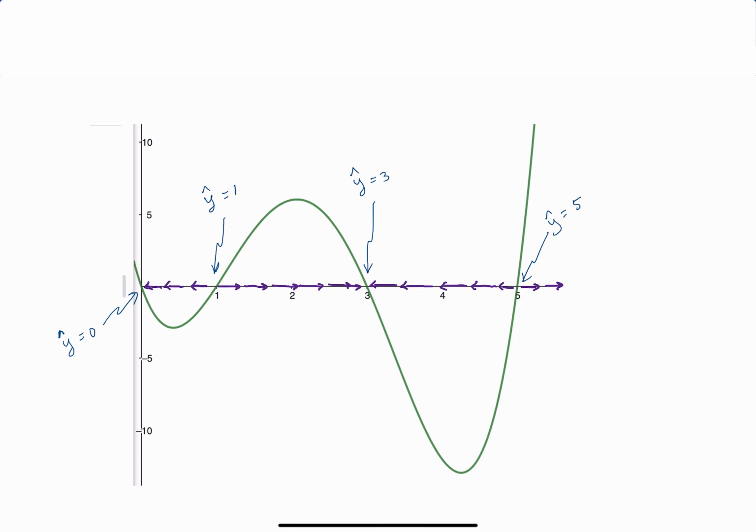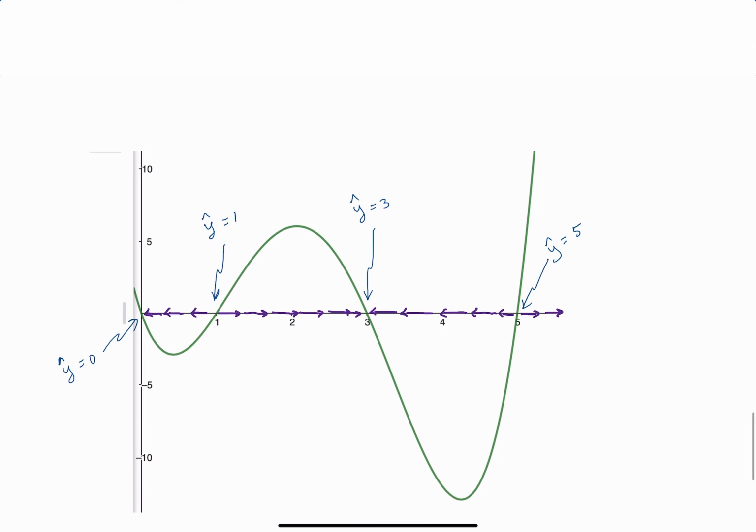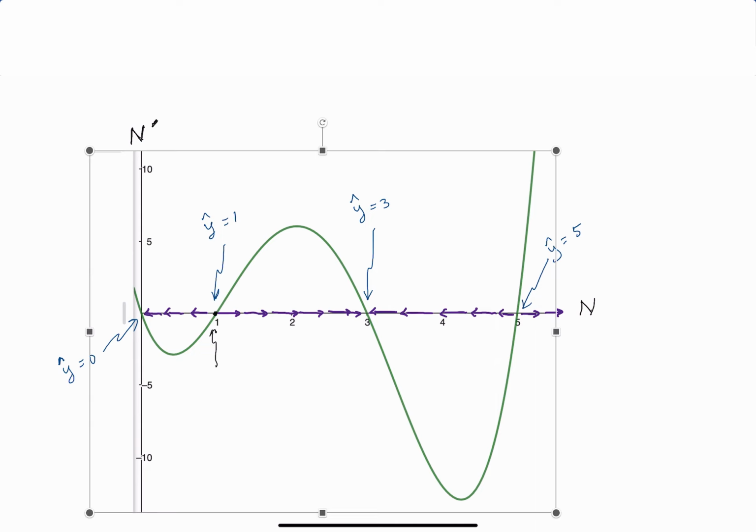Why would crossing the horizontal axis give you an equilibrium solution? Well, remember the vertical axis represents n prime and the horizontal axis represents n. So at a place where you're crossing the horizontal axis, that means n prime is 0.